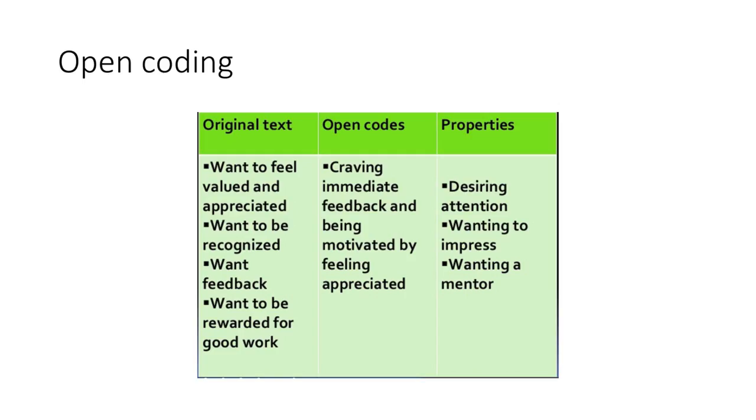And based on that, you would give the open codes of wanting immediate feedback and feeling motivated by feeling appreciated. So that kind of pulls that together. Those are all examples of how that fits in with an open code. And those properties of the open code would be things like wanting attention, wanting to impress people, and wanting a mentor.